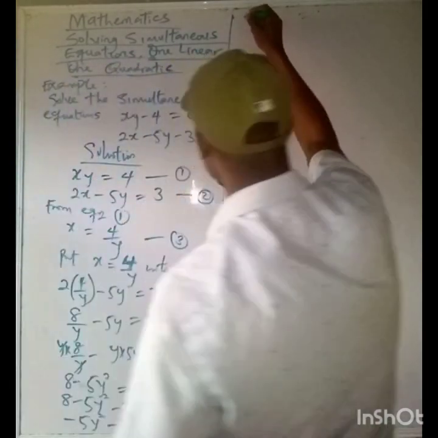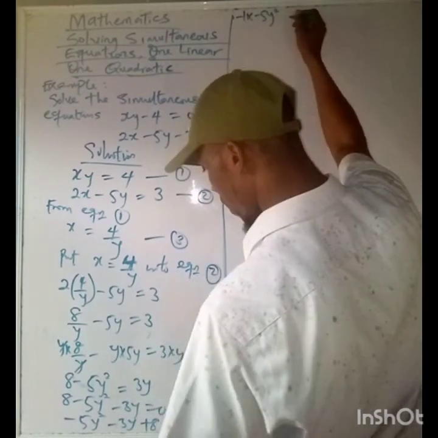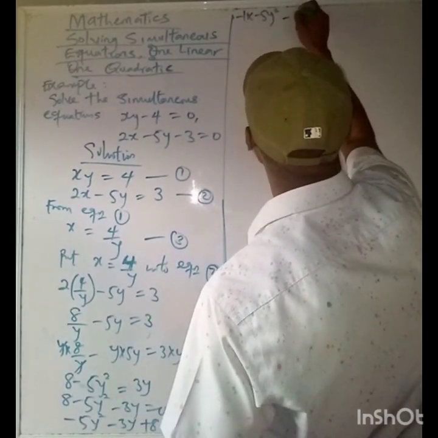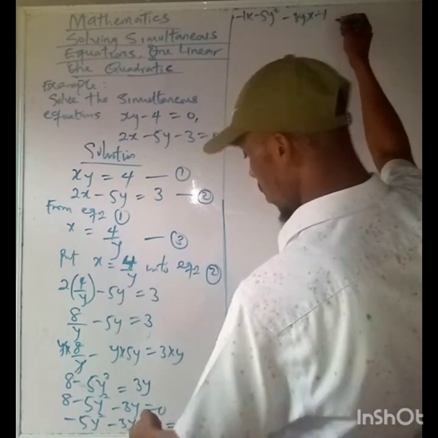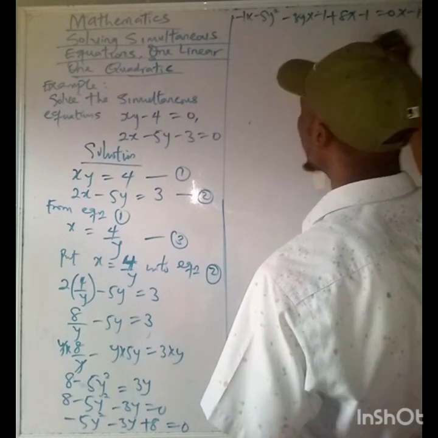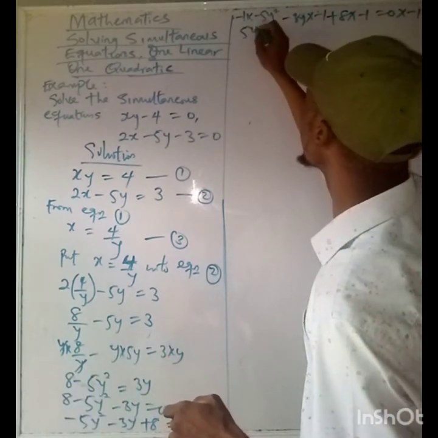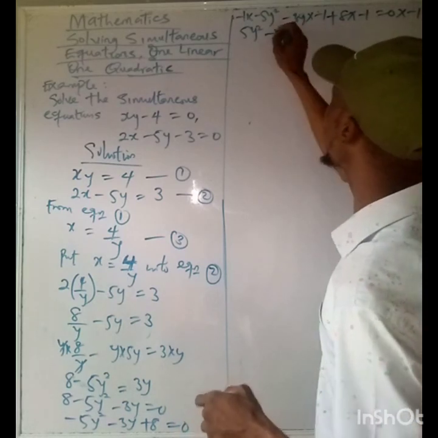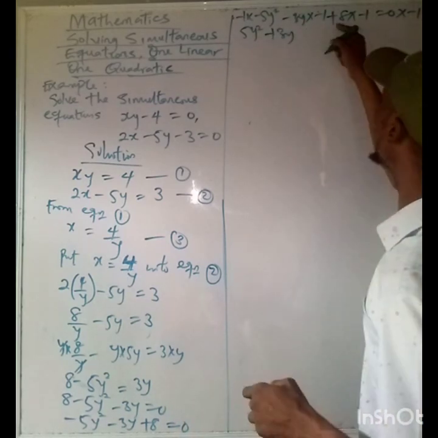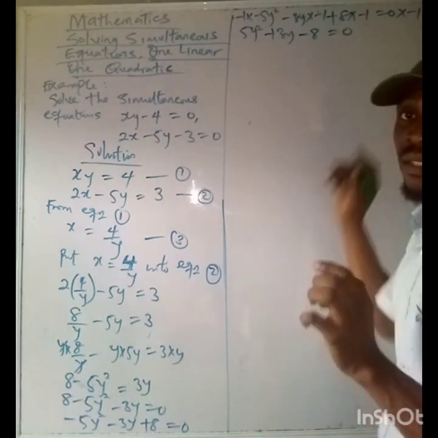Then we have minus 1 times minus 5y squared, minus 3y times minus 1, plus 8 times minus 1 equals 0 times minus 1. Minus times minus is plus. Then we have 5y squared plus 3y minus 8 equals 0, because 0 times minus 1 is 0.